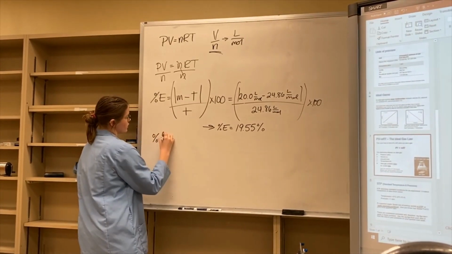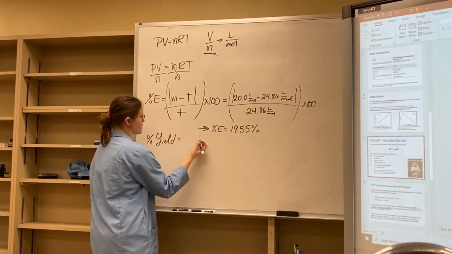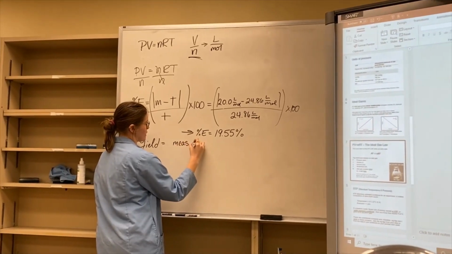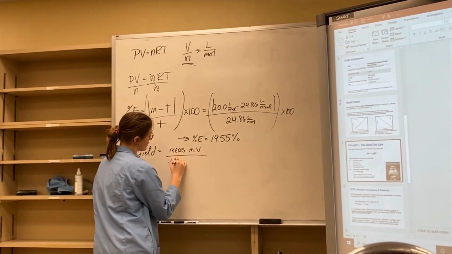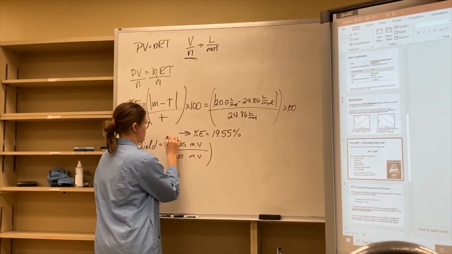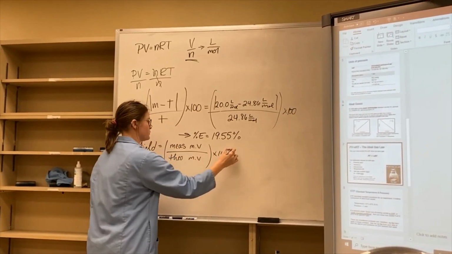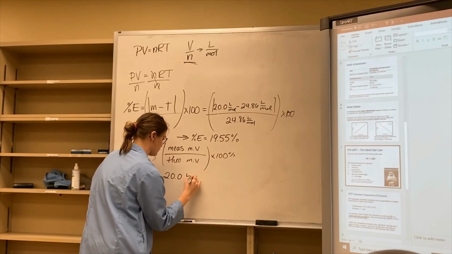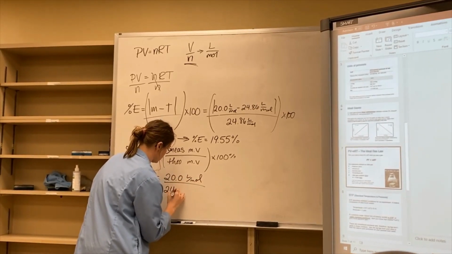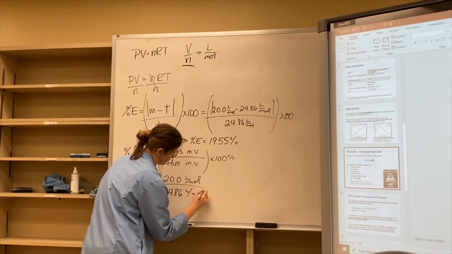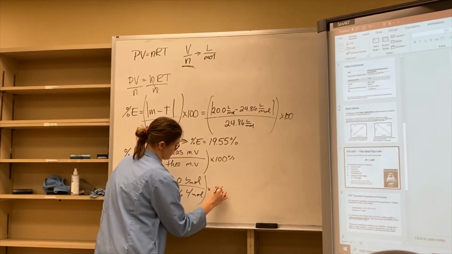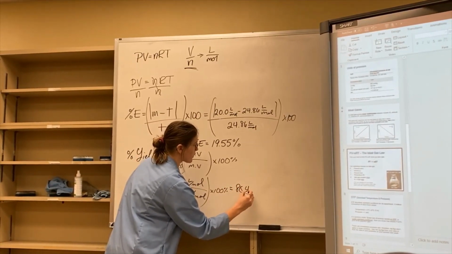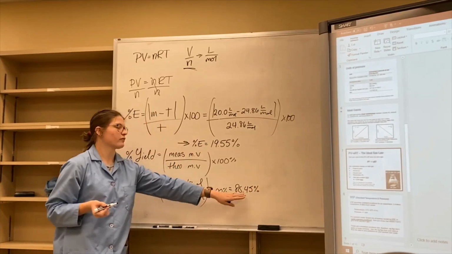So percent yield is going to be the measured molar volume divided by the theoretical molar volume times 100. And the yield that we got for this theoretical situation is going to be 80.45.